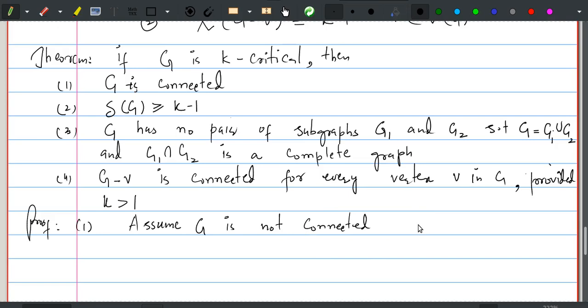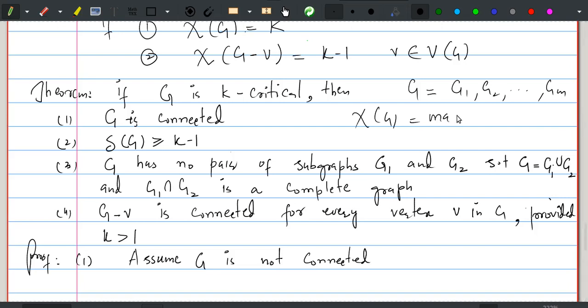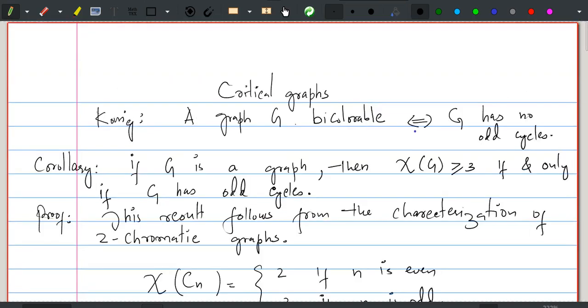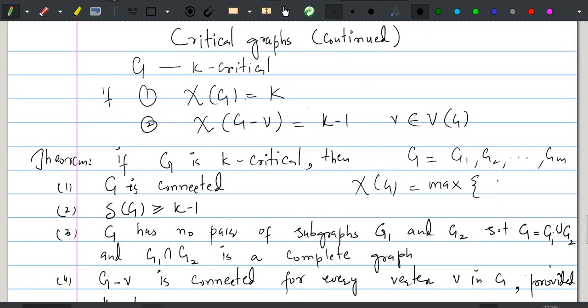Earlier we defined that if G is a disconnected graph with m components G1, G2, up to Gm, then chi of G is the maximum of chi of Gi, where i runs between 1 and m.